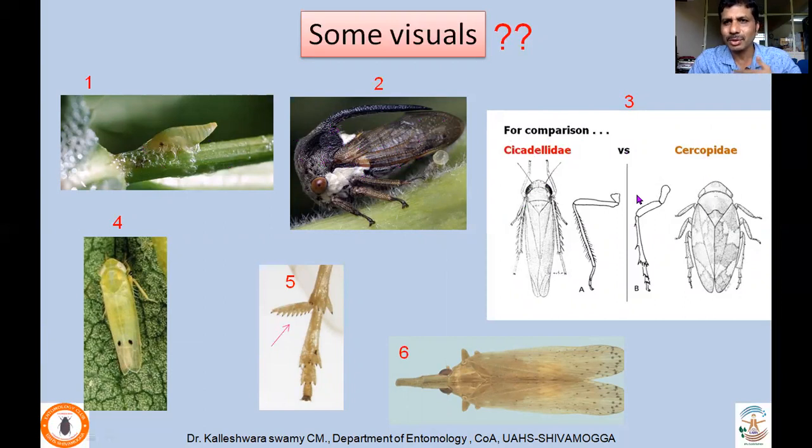Once we proceed to future orders, you come across so many families starting with C: Cicadellidae, Cercopidae, Cicadidae, Carabidae, Cicindelidae, Coccinellidae. You tend to get confused, so I suggest you go through these slides repeatedly to become familiar with these family names and their characters.